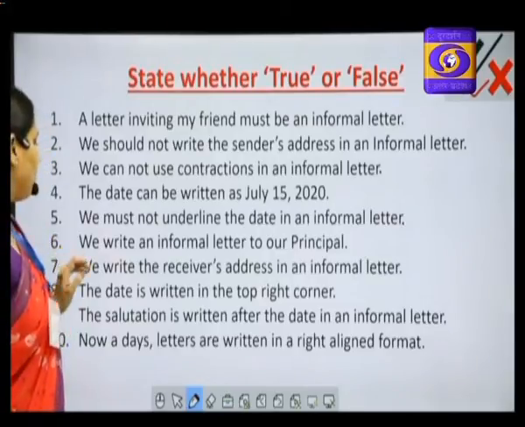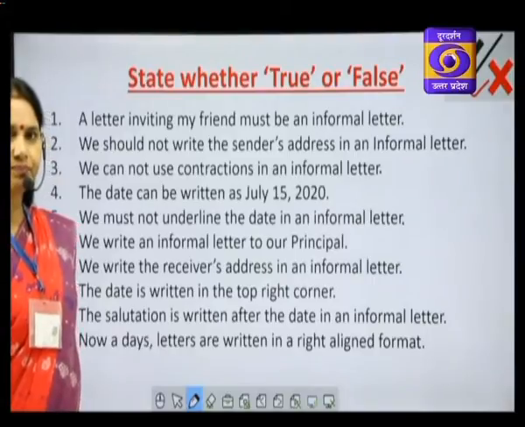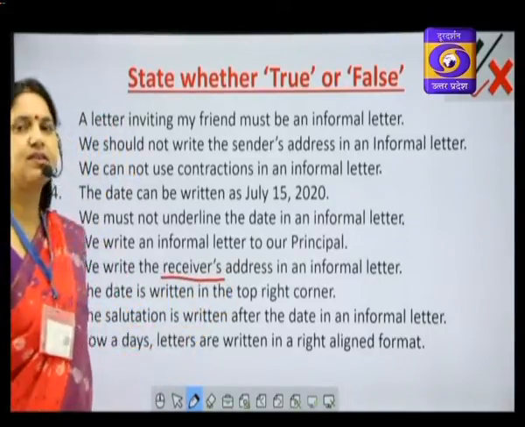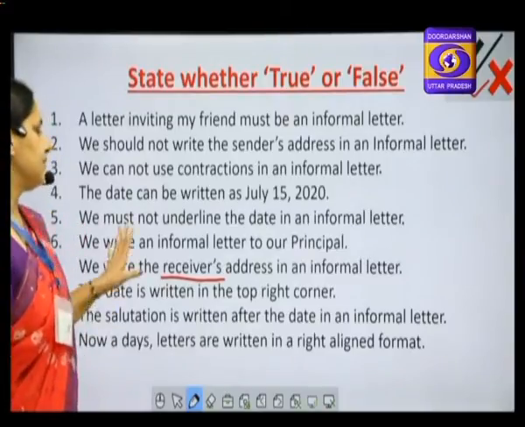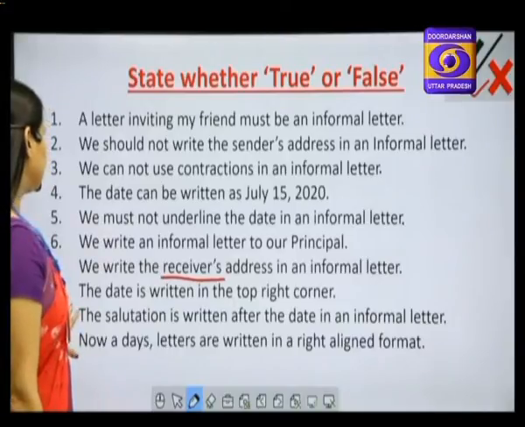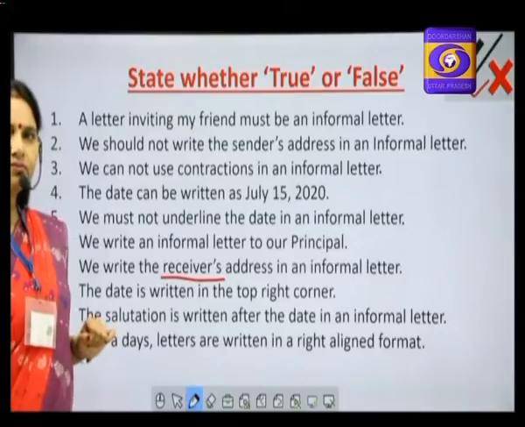Seventh is, we write the receiver's address in an informal letter. Who is the receiver? The receiver is the person to whom the letter is written. Do we write the receiver's address in an informal letter? Eighth, the date is written in the top right corner.